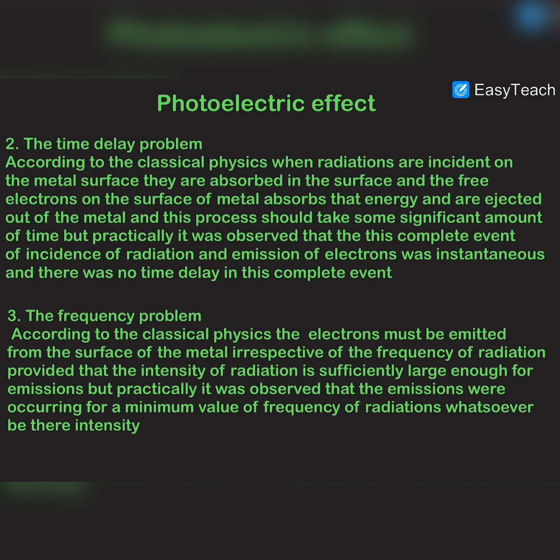The second failure was that, according to classical physics, when radiation is incident on any metal surface, it is absorbed on the surface, and then free electrons of the surface are ejected out of the metal. This complete process of incidence of the photons and ejection of the free electrons would take some time, and therefore, according to classical physics, there should be a time lag or time delay between the incidence of the photons and the ejection of the electrons.